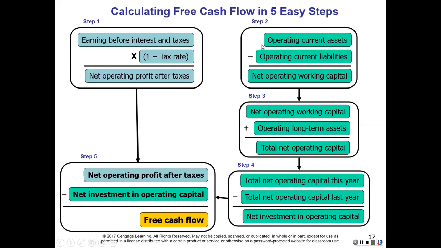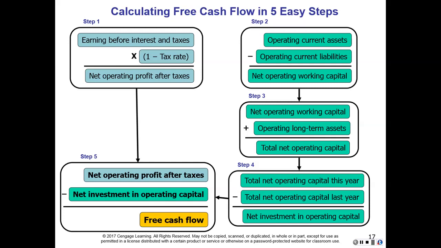Well, we start with operating current assets, right? Basically, current assets, let's see, we have to go look at the balance sheet again. Current assets included cash, short-term investment, accounts receivables, and inventories, right? So operating current assets will not include short-term investment, right? Accounts receivables are operating current assets, and inventory is operating current assets.